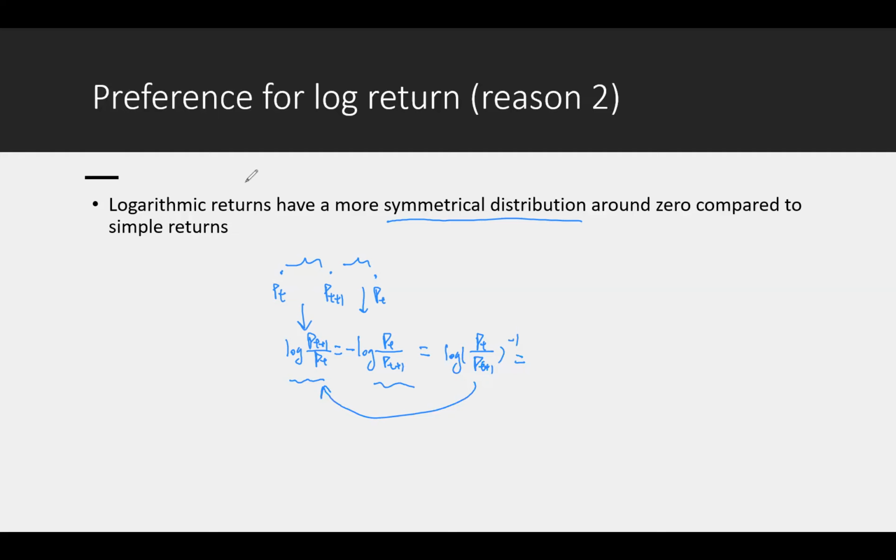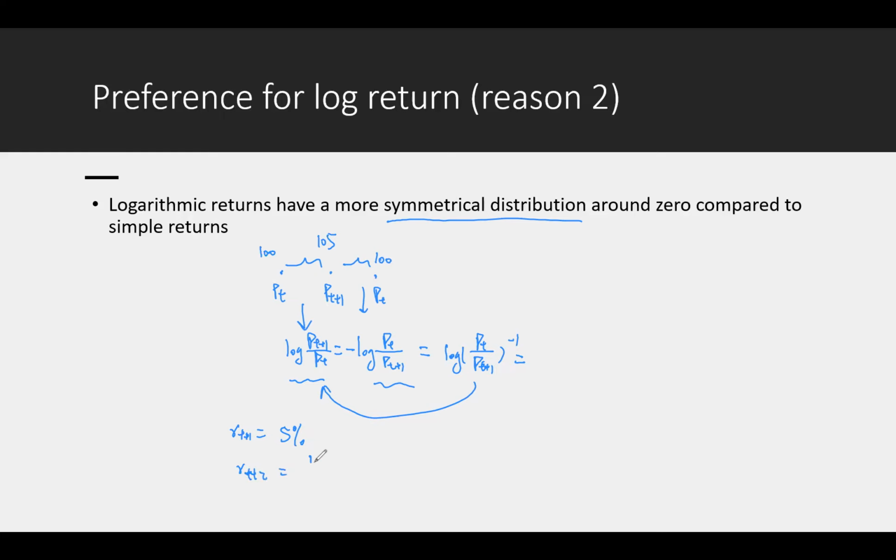So one simple example is if price is 100 at the first period, and then goes to 105, and then goes down to 100, right? So we know if we were to use the simple return, R_t, the first period would be 5%, right? So first period 5%. But second period, this would be t plus 1. Second period, t plus 2.